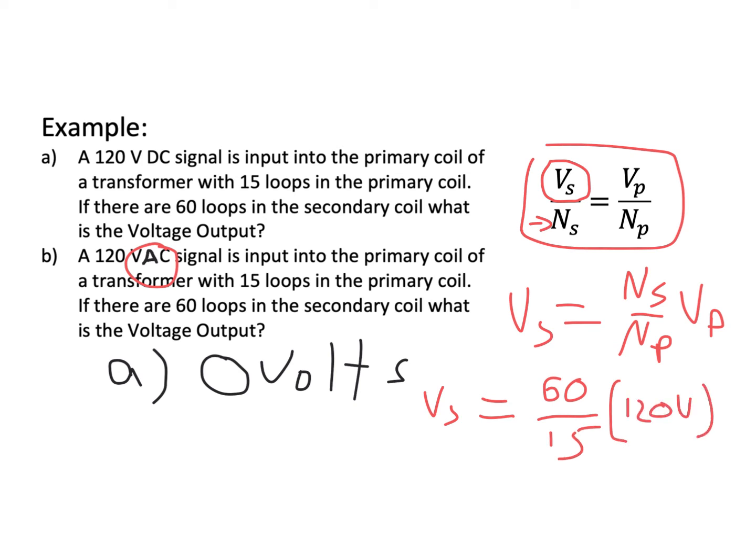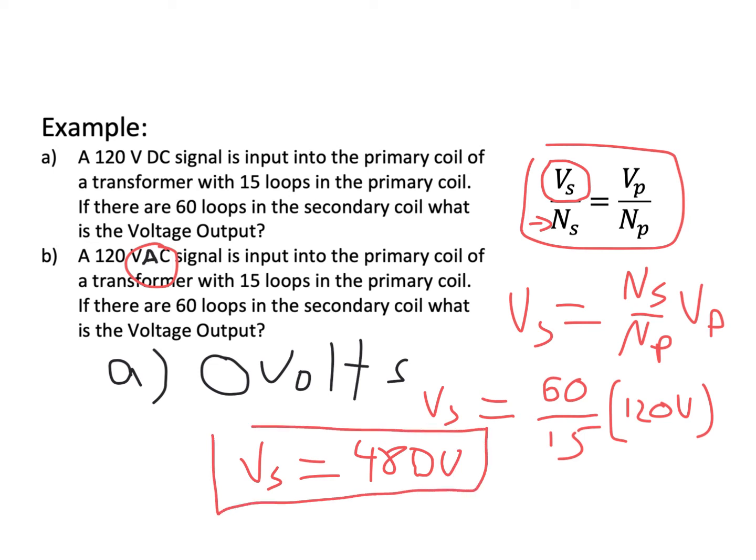And so 60 divided by 15 is 4, and so the voltage output from the secondary is 4 times 120, or 480 volts. Now, I've put 120 volts AC into my transformer, and I get 480 out. So my voltage has been stepped up to a higher voltage.